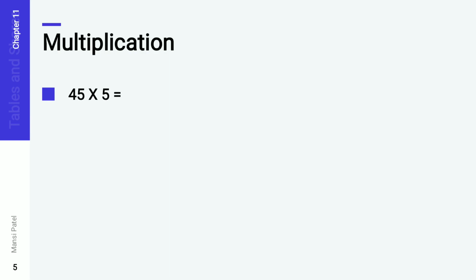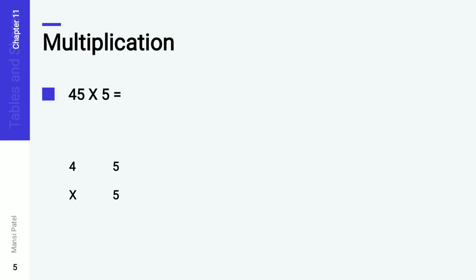Now our next one is multiplication. Here we are going to see the basic multiplication, that is 2 digit multiplied by 1 digit. So here you have to do the multiplication of 45 multiplied by 5.